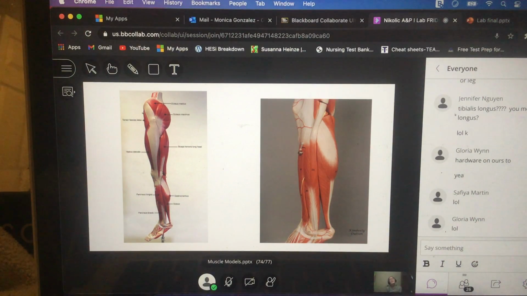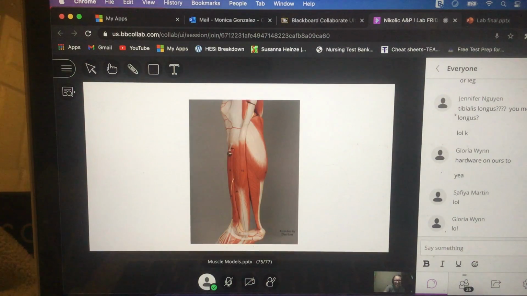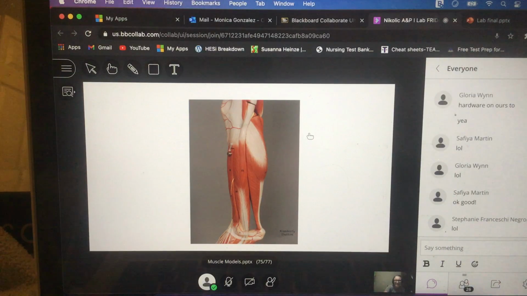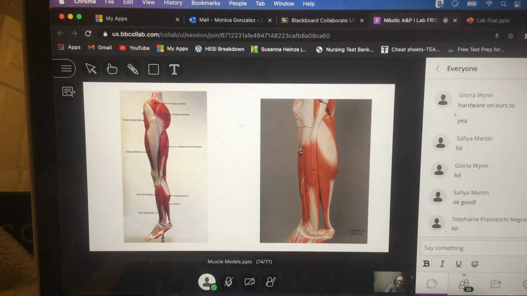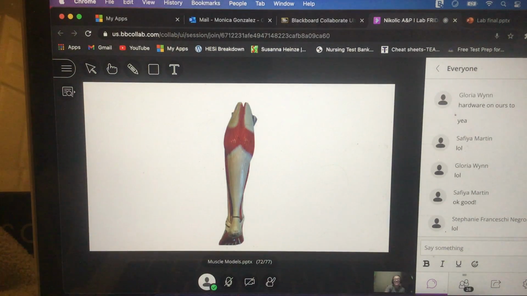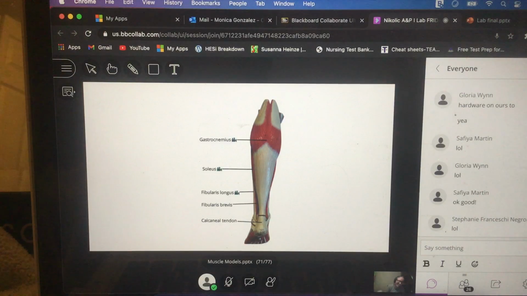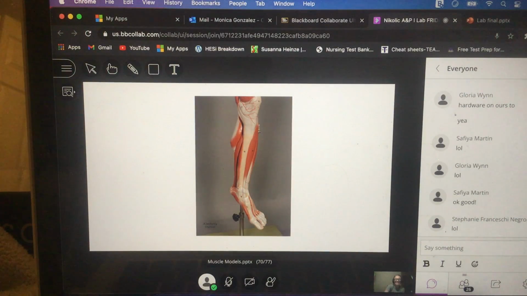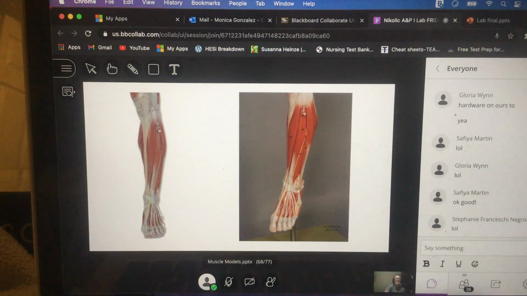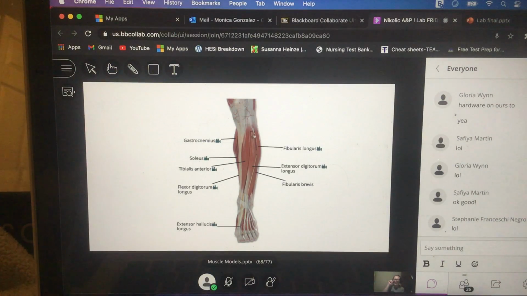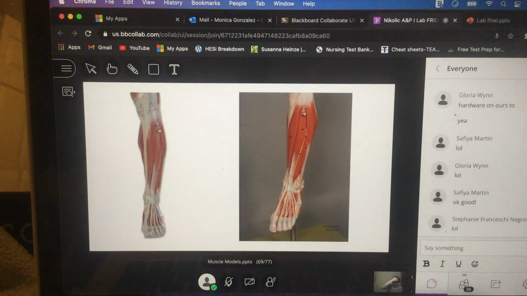Okay, Sophia, they all have feet. If they all have feet, you know you're in the leg. Sorry, that's me getting snarky. All right, so if you see a foot, you're in the leg. Sorry. I'm sorry, Sophia.